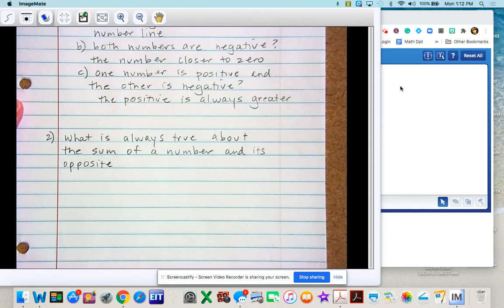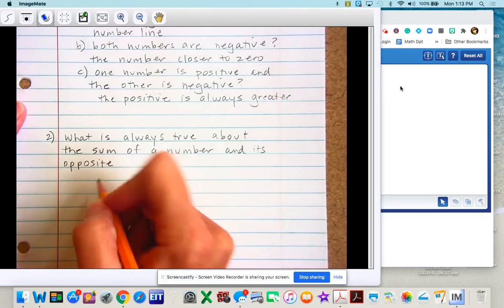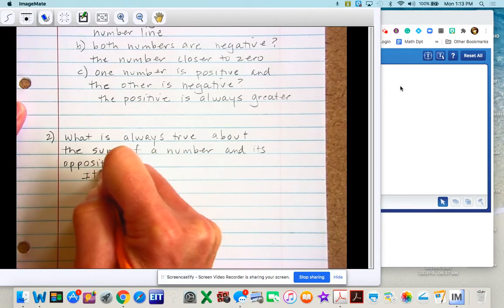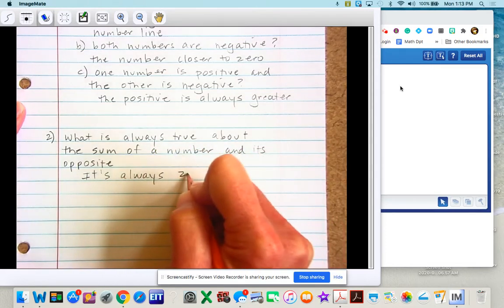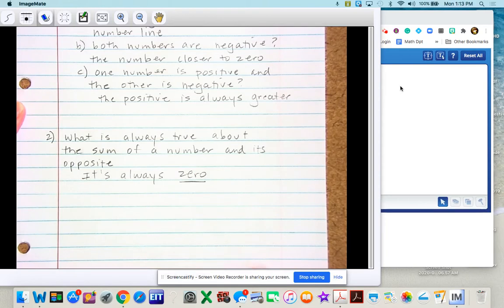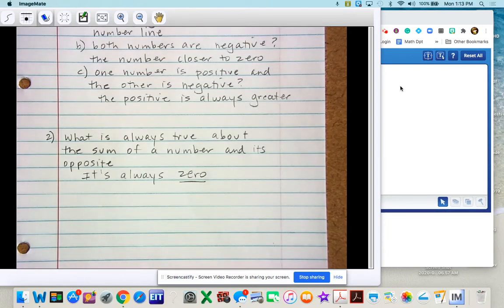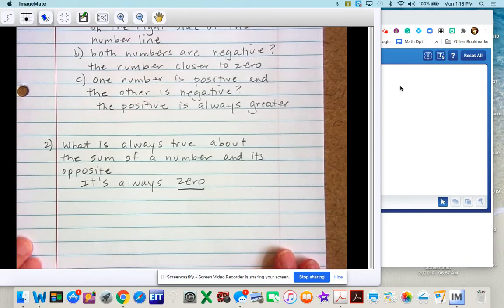If I go to -5 and then back towards 5 to the right, the sum of a number and its opposite is always going to be 0. So opposites together make 0. And we also talked about that with our chipboard models. So that was the second big idea.